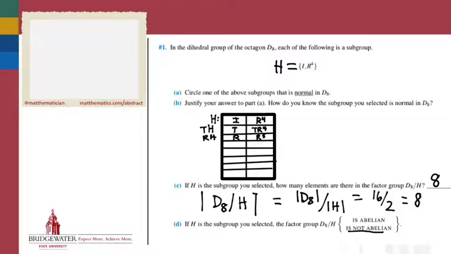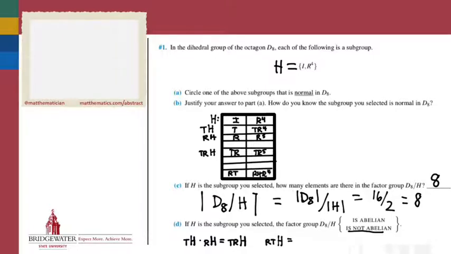Okay. And then we wanted to check if TRH equals RTH. Right. And so TRH is going to give you, what is that? TR^5? Mm-hmm. Yeah. And what is RTH going to be? RTH is going to be RT and RTR^4.